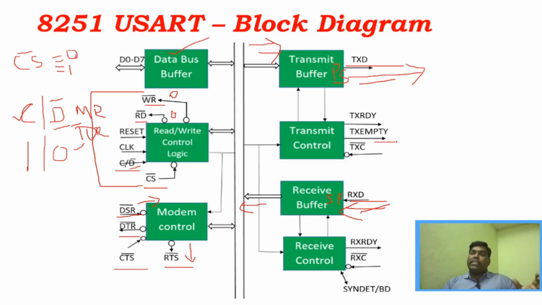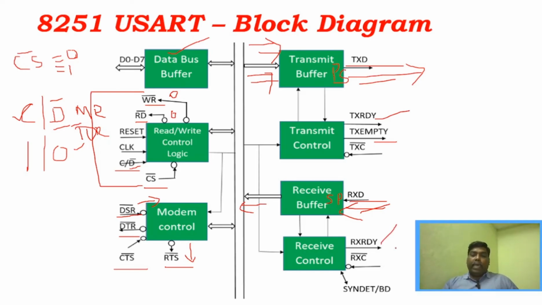TX empty means it has transmitted all the data and is ready to transmit more, so that the microprocessor can send more data to this transmit buffer, right? And similarly, whenever the receive buffer is ready to receive data, that will be enabled by this particular pin.